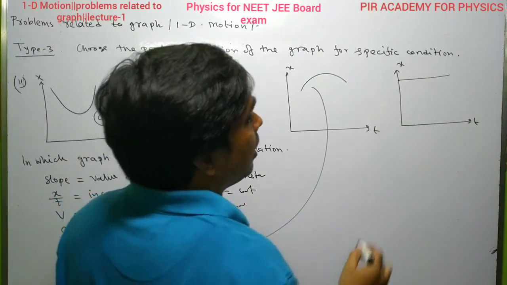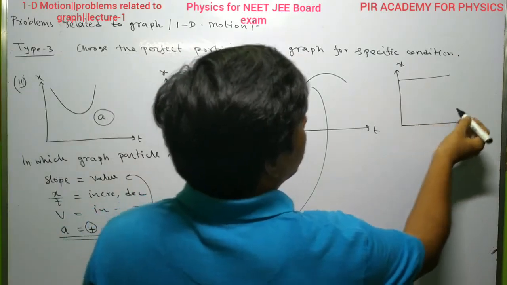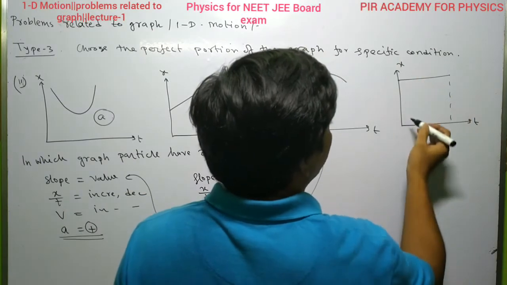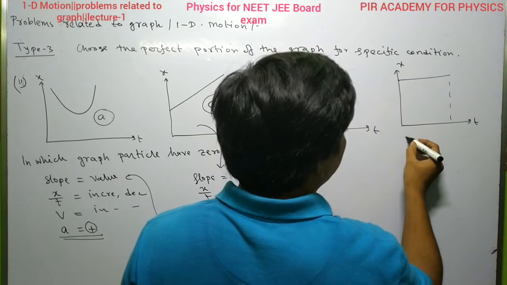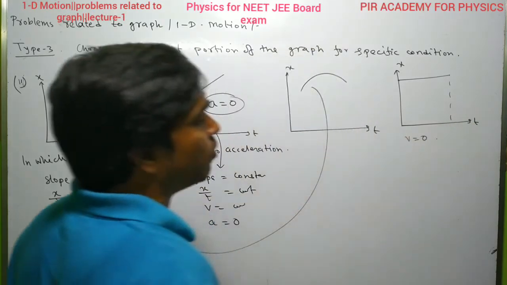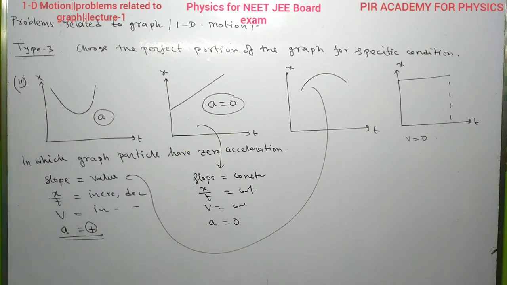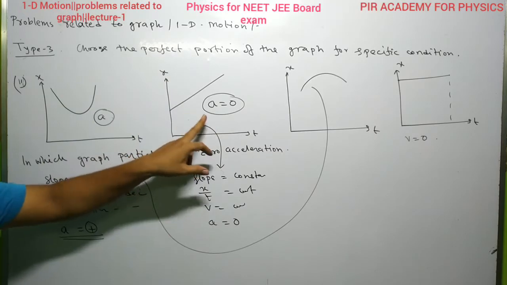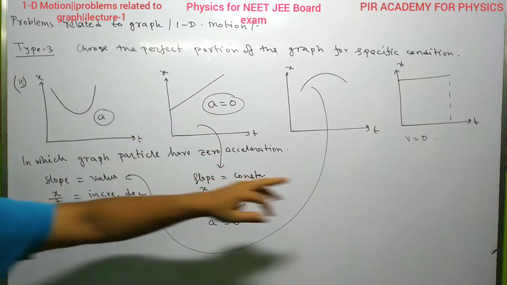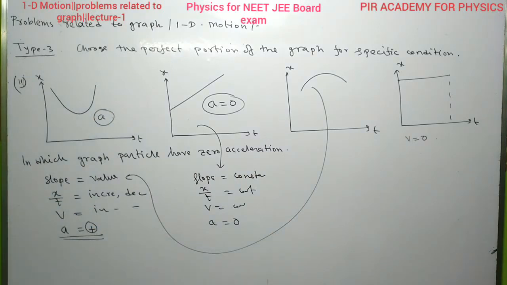And here you see that in this condition x is constant with t, so there is no slope, that means velocity is 0, so at this point the acceleration is 0. This graph shows that the particle has an acceleration of 0. Here velocity is 0, so there is no option for acceleration.